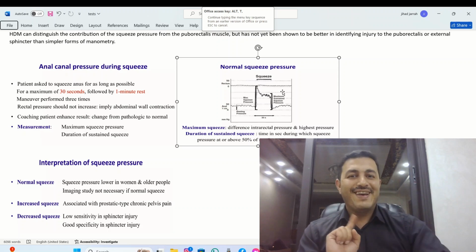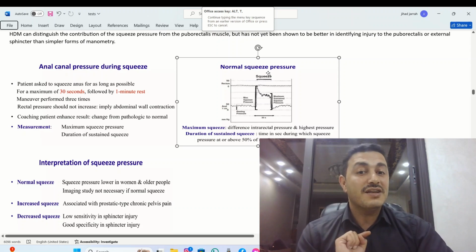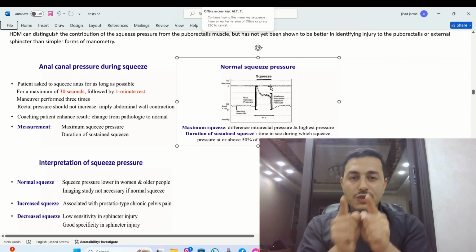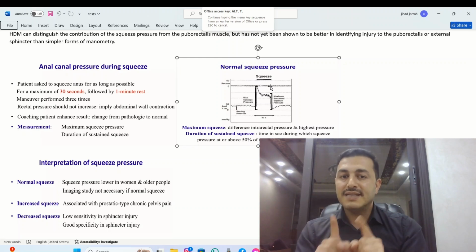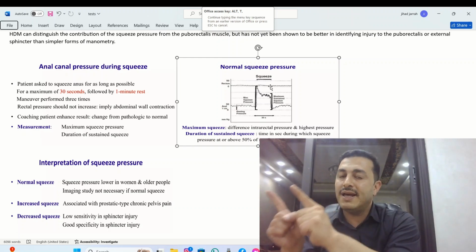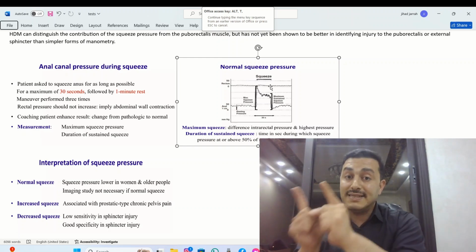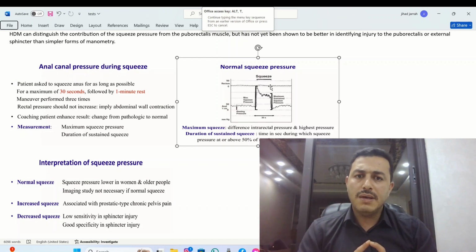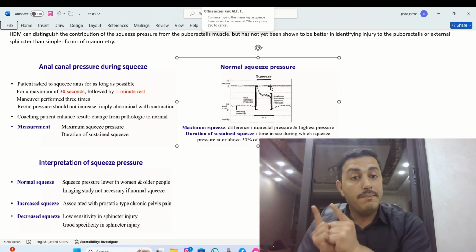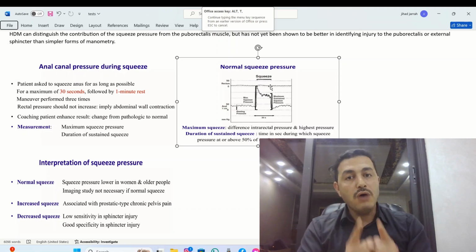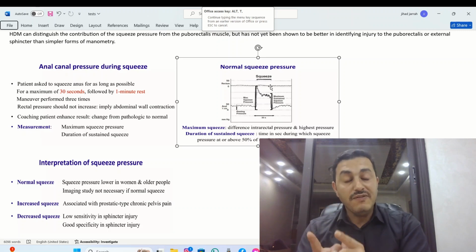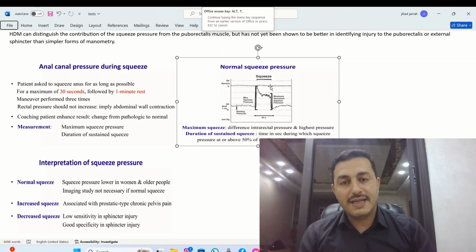So if the intrarectal pressure increases, that means this patient is using his abdominal accessory muscles to keep continence and prevent defecation. This may be an indication to refer the patient to biofeedback, to teach him how to use his abdominal and pelvic muscles separately.